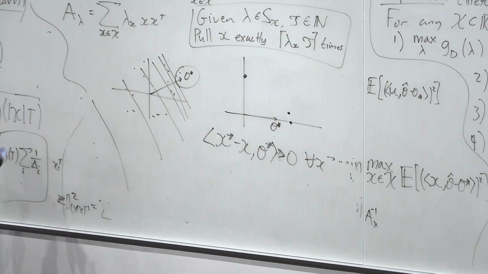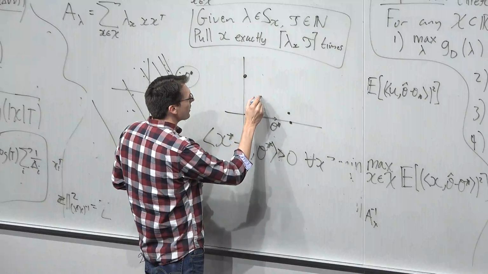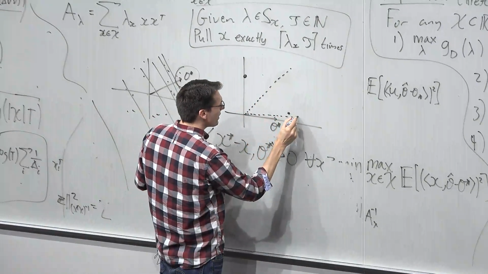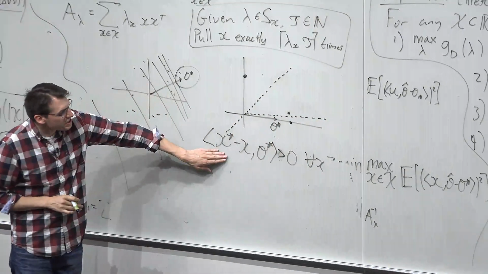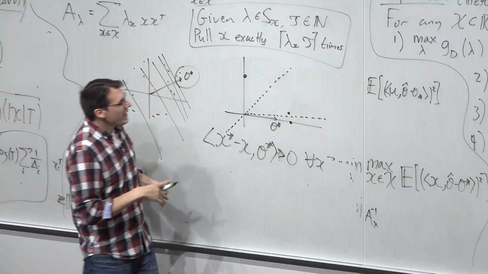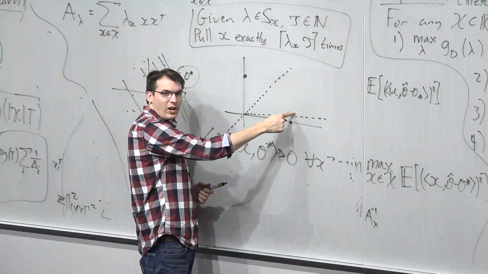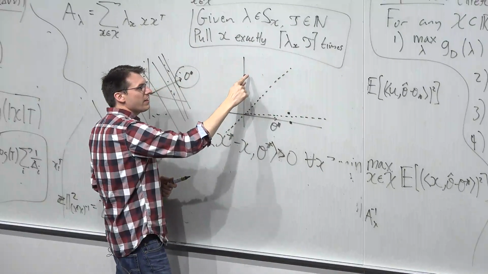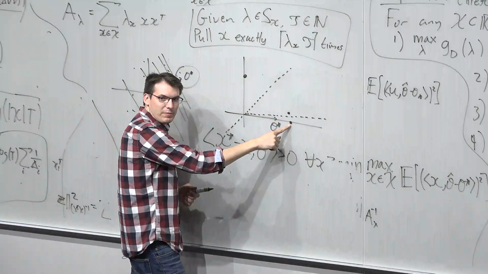then in order to do best arm identification, basically I should think about the regions. What does this condition say? Basically, anytime theta star lives in this region, this is the best arm. Anytime theta star lives in this region, this is the best arm. And anytime in this region, this is the best arm.